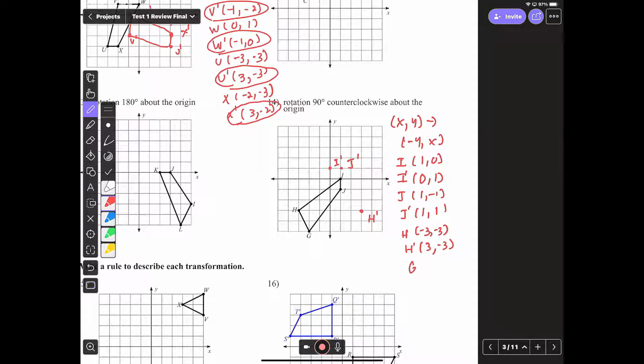And then we need G. G is negative 2, 5. So G prime, we have to switch. So it's negative 5, negative 2. That's G prime. So those are mine.